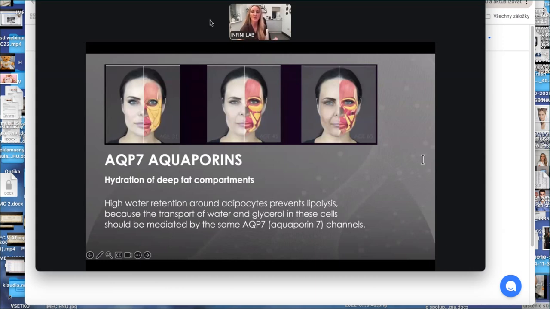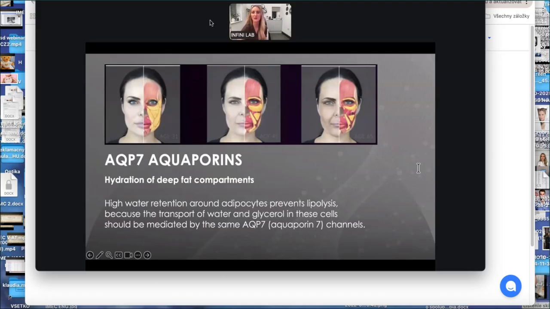Imagine two groups of molecules waiting to pass through a narrow gateway, the hydrating molecule and the lipolysis molecule. If we load the ship first with the hydration molecule, there is no space for the lipolysis molecule to enter.